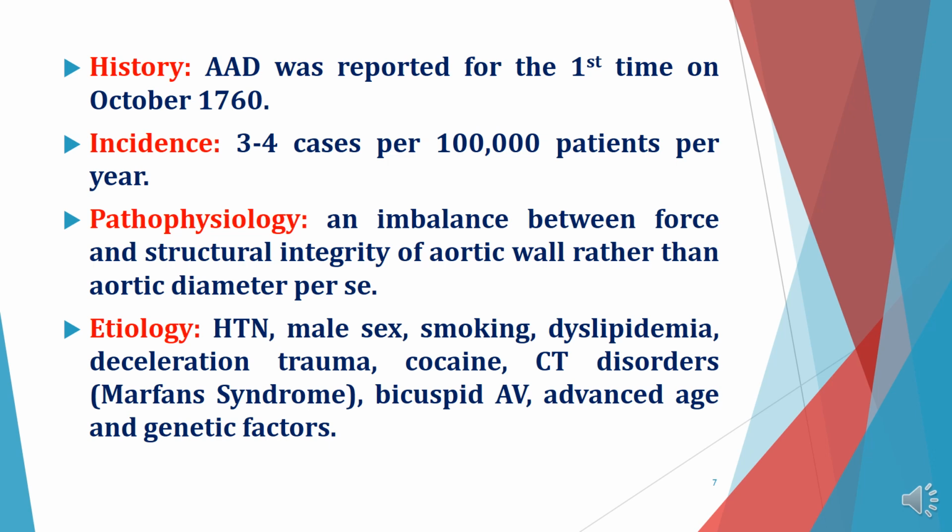Etiology. The risk factors are hypertension, male sex, smoking, dyslipidemia, deceleration trauma, cocaine use, connective tissue disorders such as Marfan syndrome, bicuspid aortic valve, advanced age, genetic factors, and others.